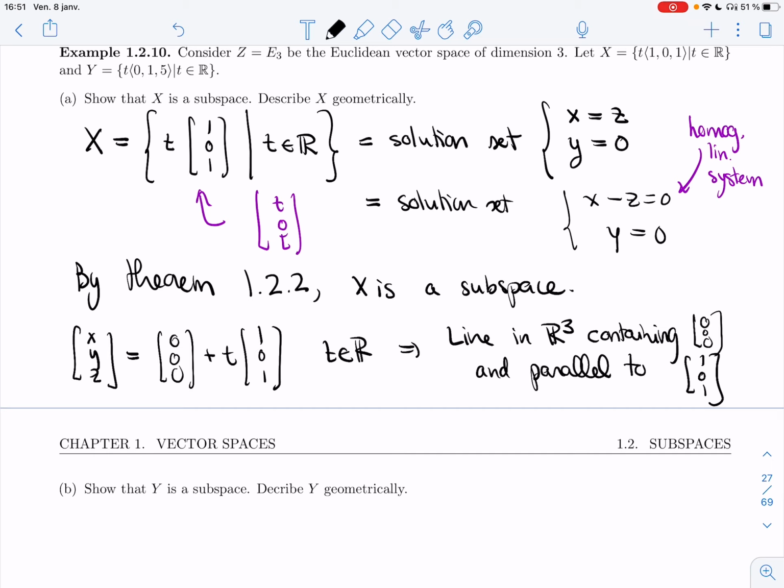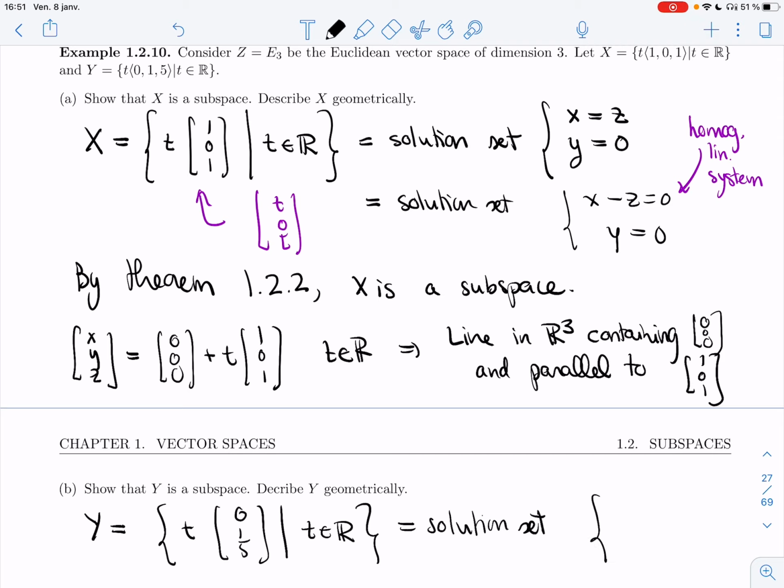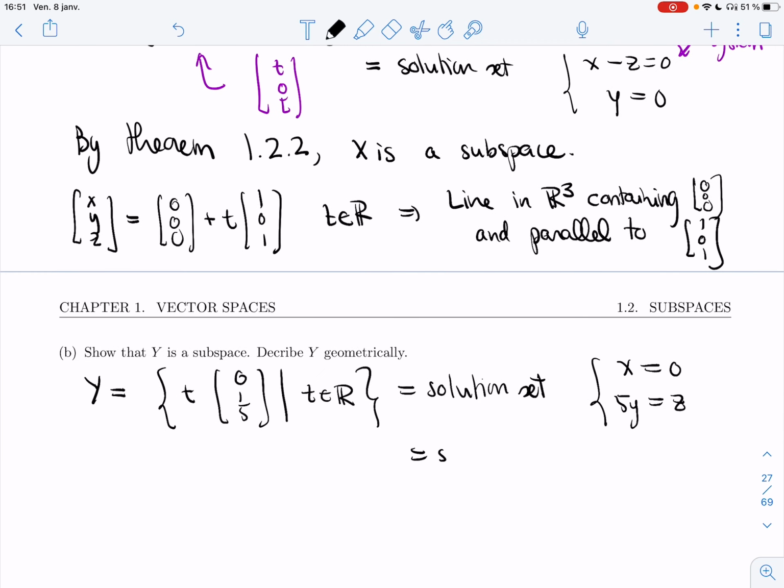All right, let's do the same thing for y. So let me write it down. Y is the set t times (0, 1, 5). So very similar, just a different vector. I can do exactly the same thing. So this is the solution set of the linear system x equals 0 and 5y equals z. And so that's the solution set of x equals 0, 5y minus z equals 0.